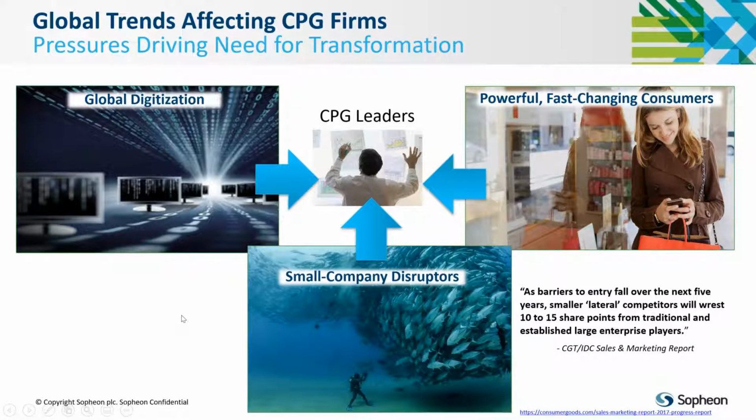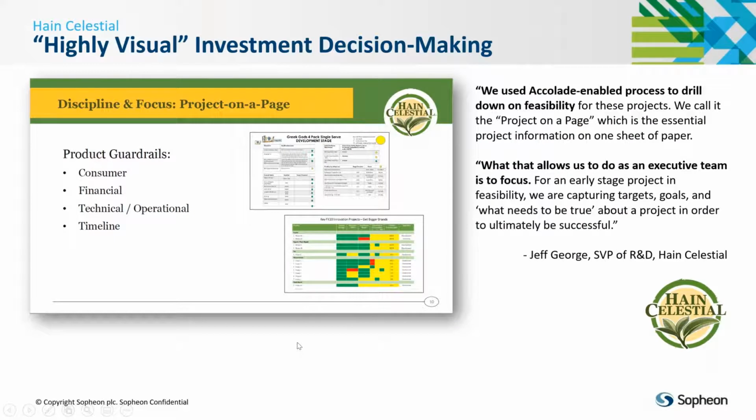If we think about what we learned from the webinar from Jeff George, Hain Celestial, one of the things that he talked about is this concept of a project on a page that they use to drive and to focus the decision-making for their executive team.